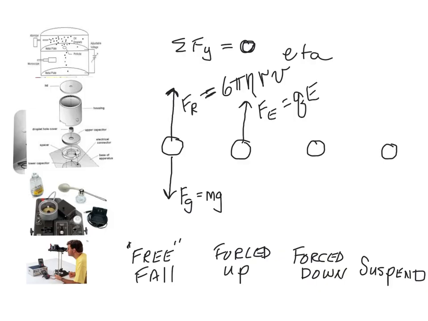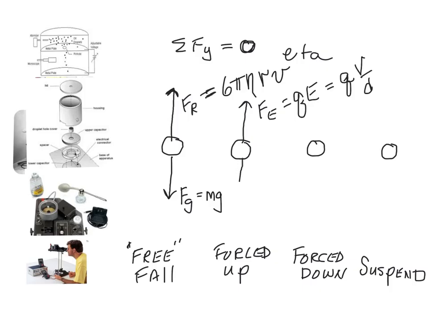And we were given this relationship. It should make sense. We can't measure the field directly, but we can measure the voltage and the plate separation. That's why we measured the voltage and the distance between the plates. And so that's the force going up.